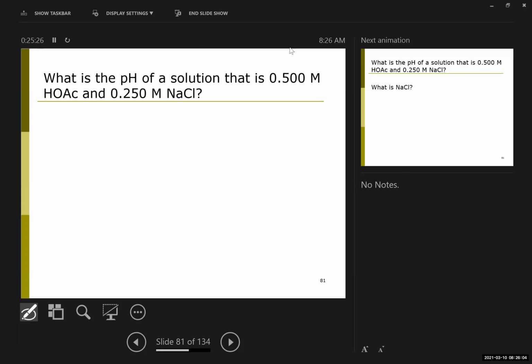Because again, please, please, please, the other thing to be aware of is I'm not looking for a mixture necessarily. I'm not even looking for a mixture of an acid with a salt. I'm looking for a mixture of an acid or base with a salt that contains the conjugate. Sodium chloride is a salt, table salt.